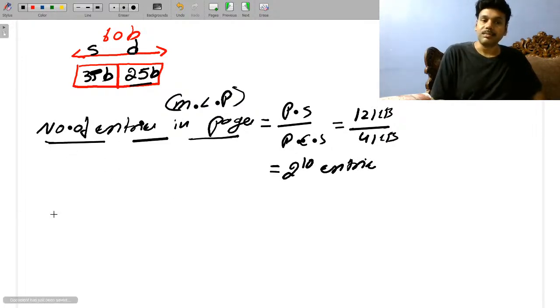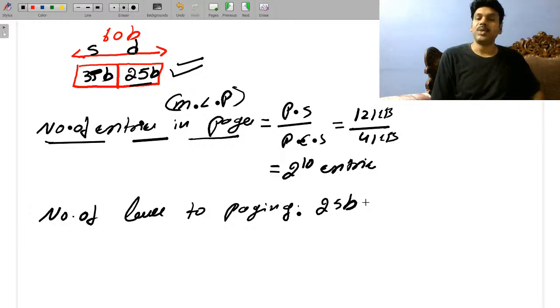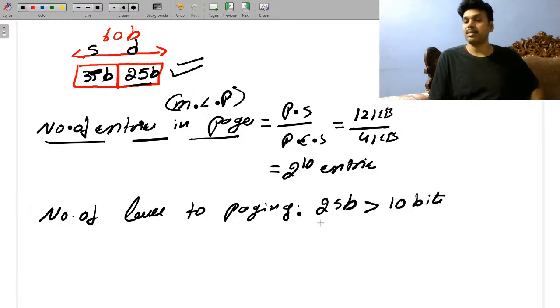Now I am finding the number of levels for paging of D. You require 25 bits. You cannot keep 2 power 25 in 2 power 10, therefore paging is required.